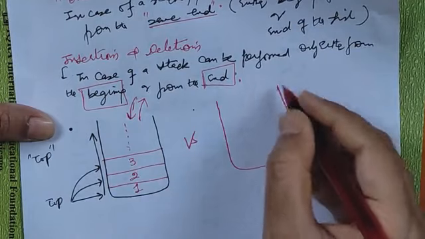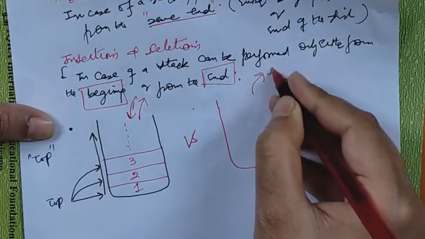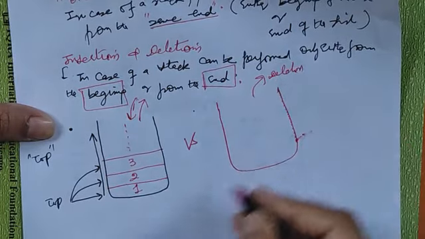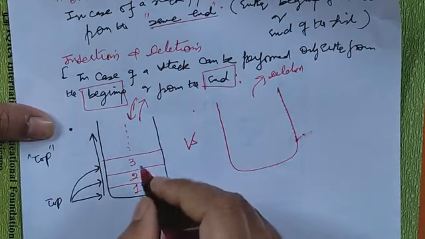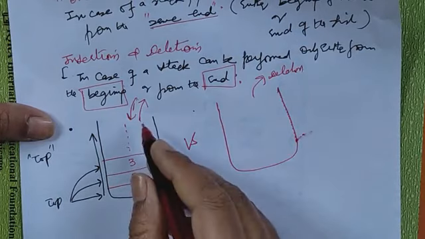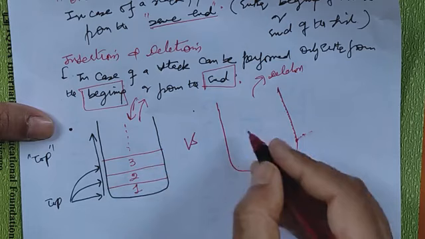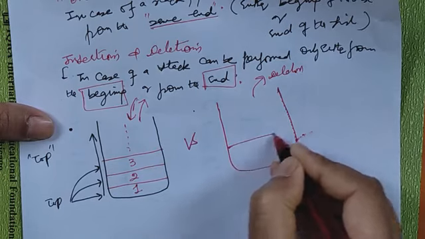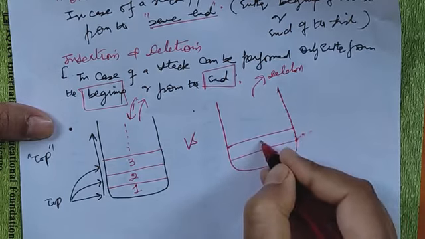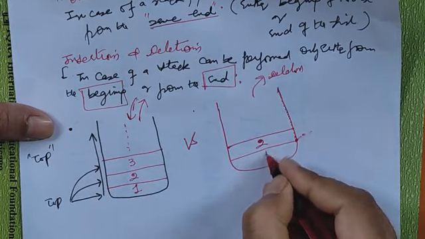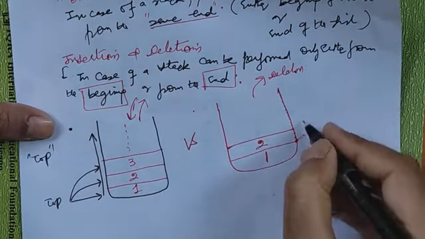Whereas in case of deletions, suppose you remove the first item, which is 3. Once you remove 3, you get 2 items, 2 and 1.